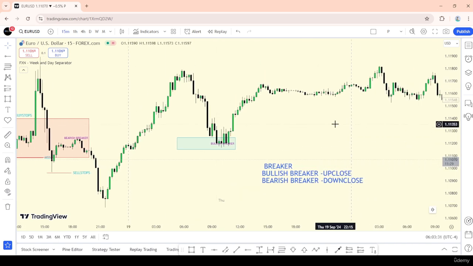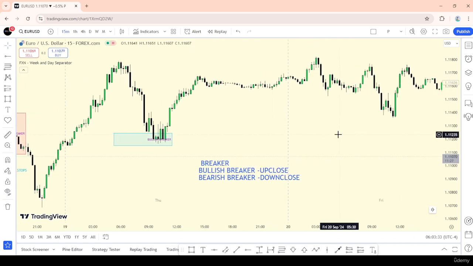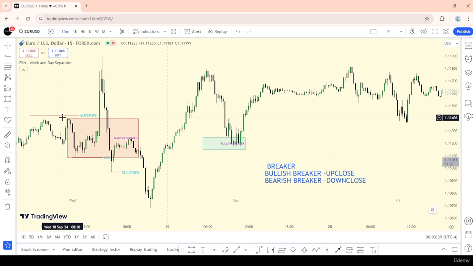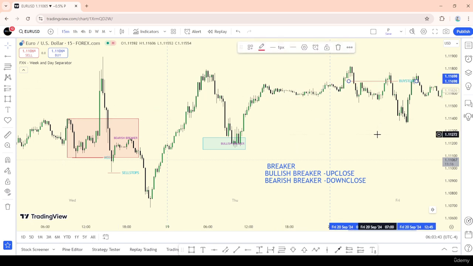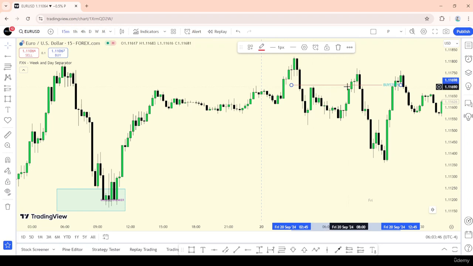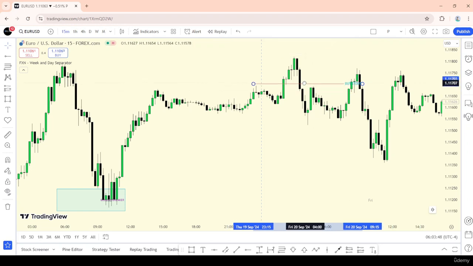So when we go later in price, we have to identify an area in which the market either ran buy stops or sell stops. We can see here that in this area we had a set of buy side liquidity or buy stops.